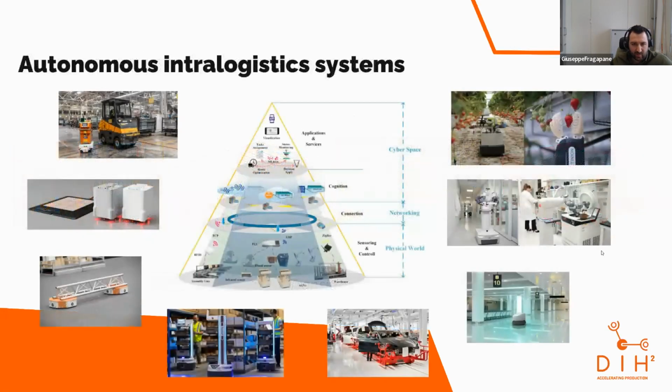So the question is, why do we actually need autonomous systems? Why should we focus on that topic? Why should we decentralize some of the decisions and give the systems the possibility to decide? For autonomous systems, it's important that we give them a range of decisions they can make on their own.